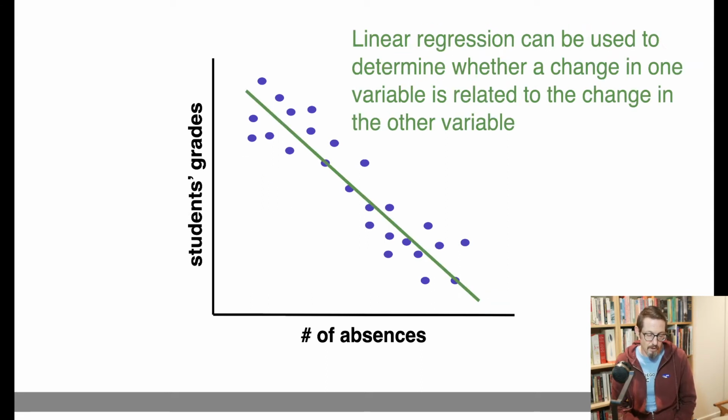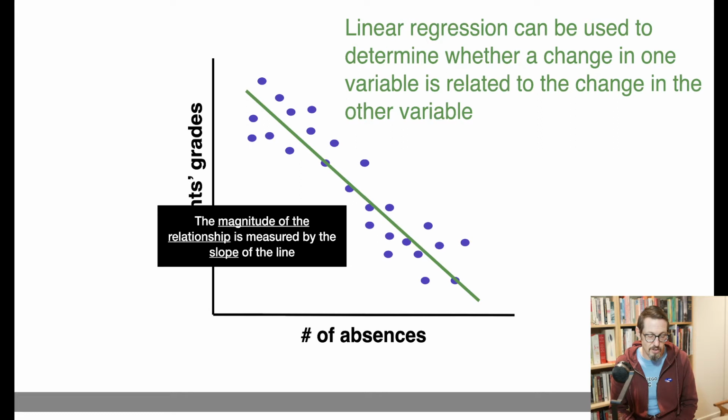So linear regression can be used to determine whether a change in one variable is related to the change in the other. If you see this line, it tells you if this is a good fit or not.